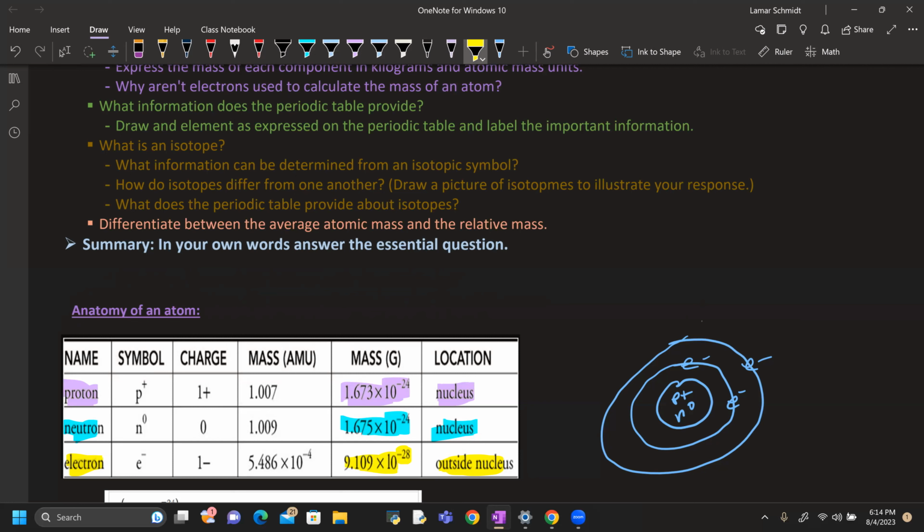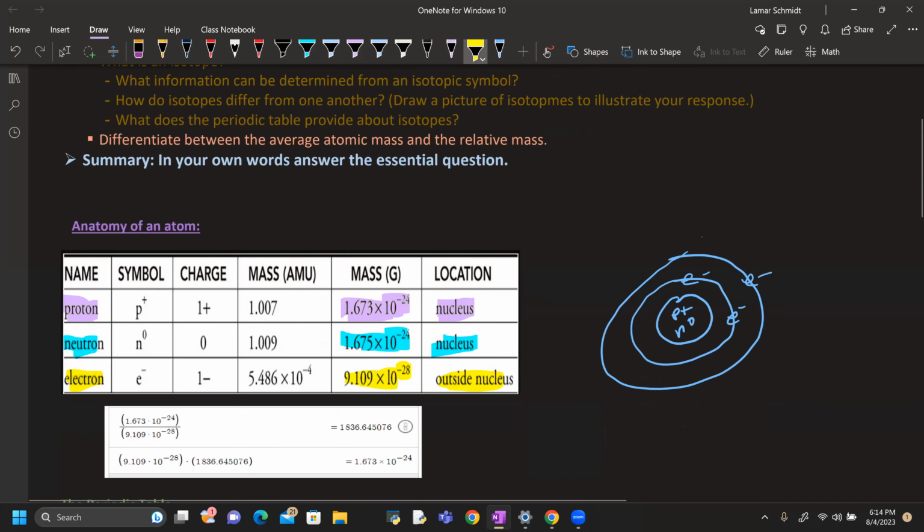You may say, well, that doesn't seem like that big of a difference. Well, it is. If we took the mass of an electron and divided it into the mass of a proton, it would go into it 1,836.64 times. That means we would need over 1,800 electrons to equal the mass of one proton.